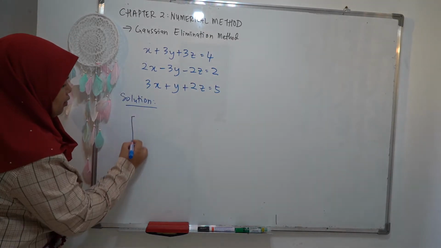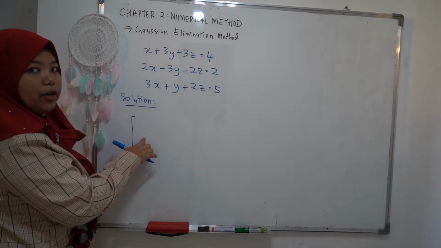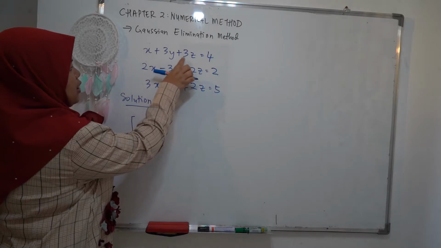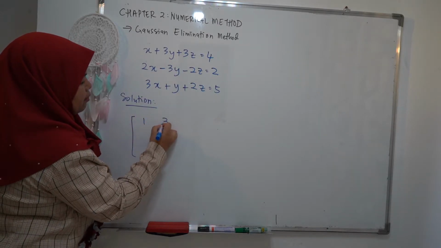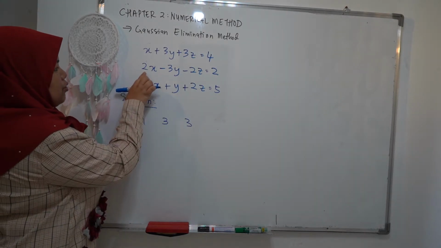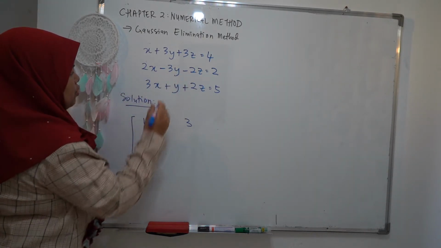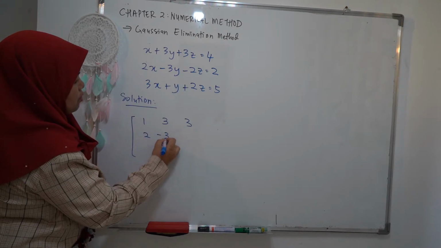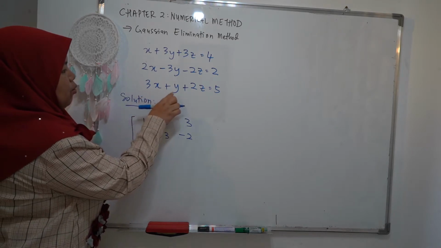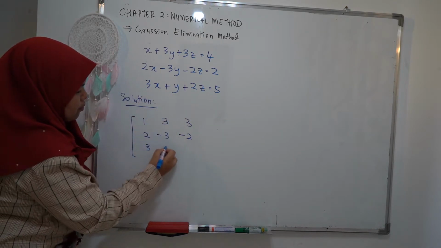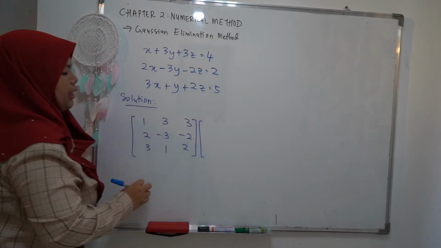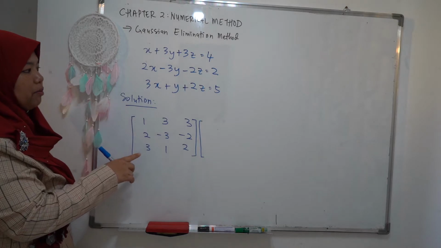For the matrix A, we just take the numbers here, so 1, 3, 3. The second row is 2, negative 3, negative 2. The last equation is 3, 1, 2. So this is the matrix A. How about the matrix X?